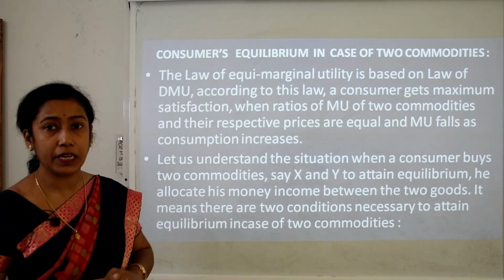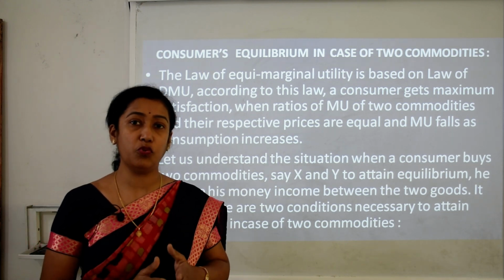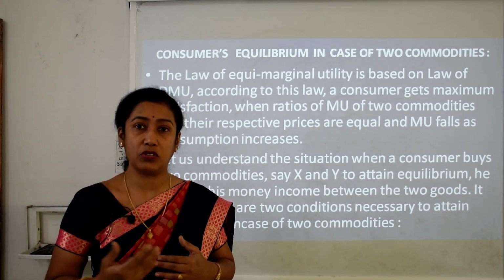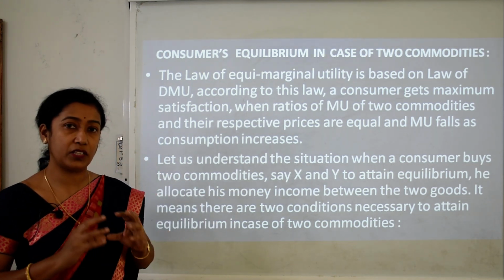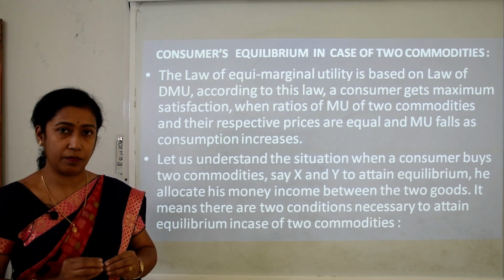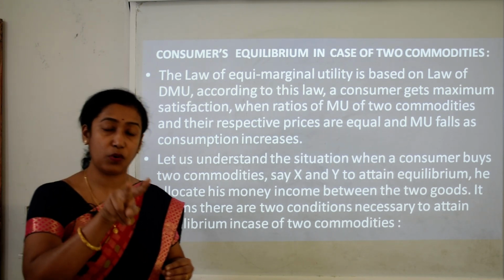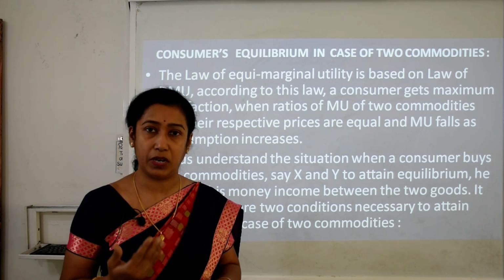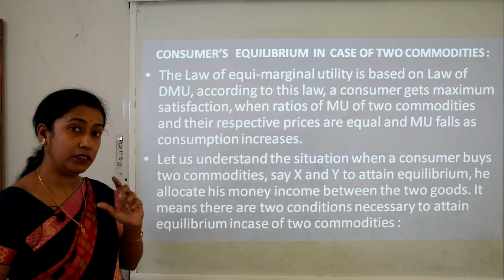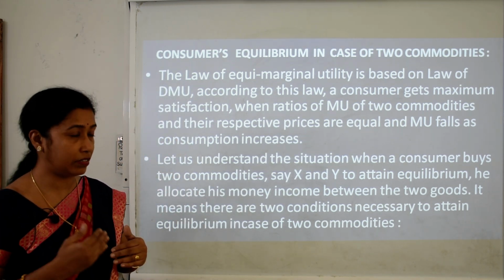The same thing will apply here also: in case of two commodities, when a consumer tries to spend part of his income on the combination of two goods, he tries to maximize his satisfaction, and the satisfaction goes on diminishing.